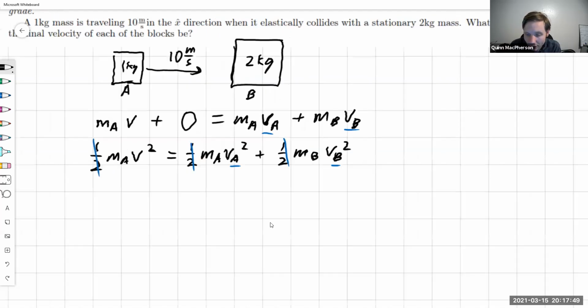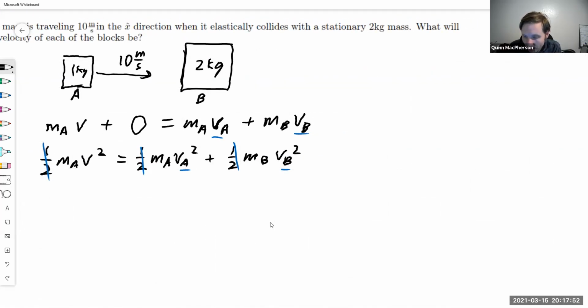So solving the top one for VA, I can move the MB VB to the other side. I get MA V minus MB VB is equal to MA VA. You can divide both sides by MA. The MA over MA will cancel, and I will get VA is equal to V minus MB VB over MA.